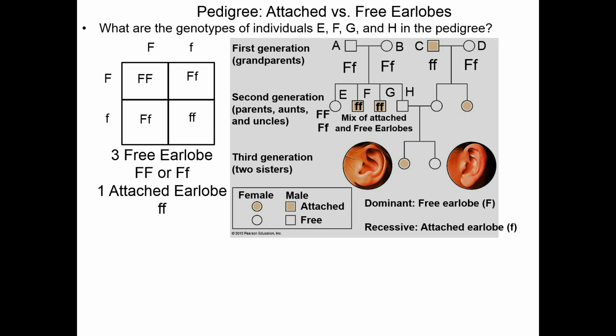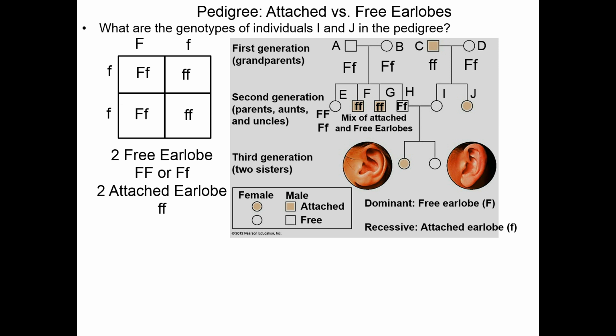And we see that their offspring are going to have free and or attached earlobes. That tells me at least that individual H is contributing at least one attached earlobe allele. So that tells me that this individual, this male, has to be heterozygous.